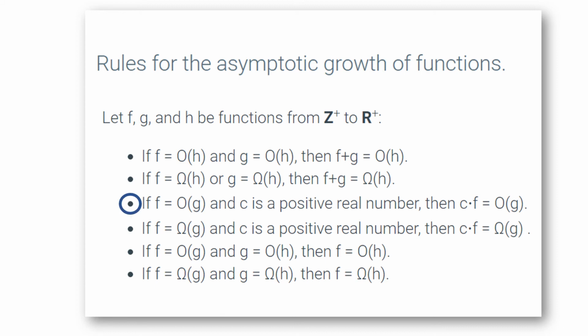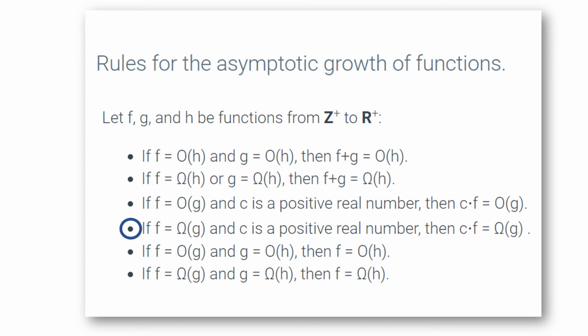Okay, here's another one. If f is O of g and c is a positive real number, then c times f is O of g. Basically, if f is O of g, then we can take any constant times f, and it's also O of g. Same thing with omega.